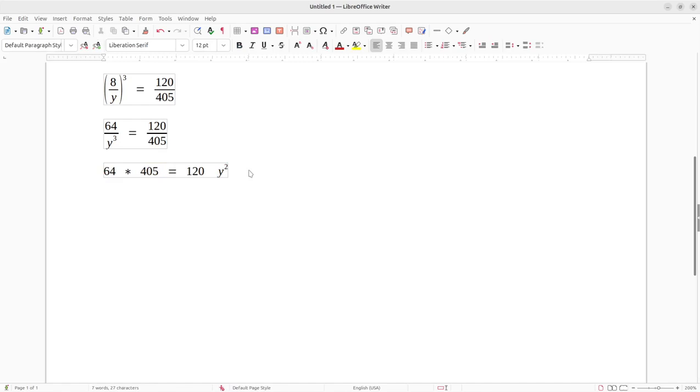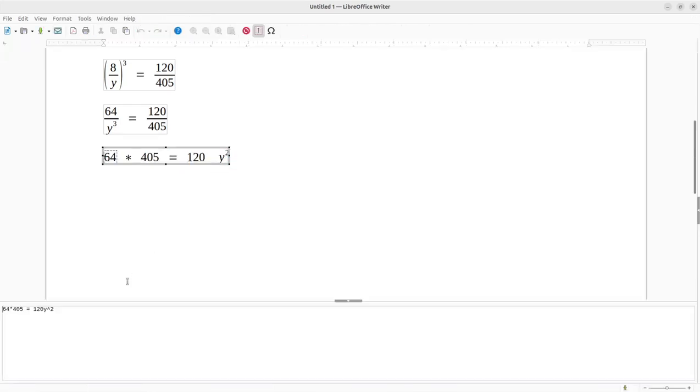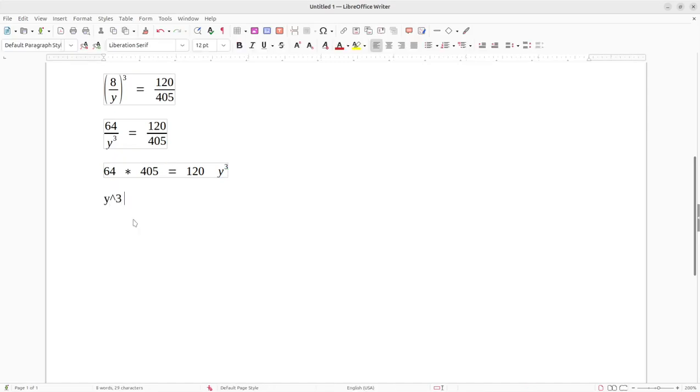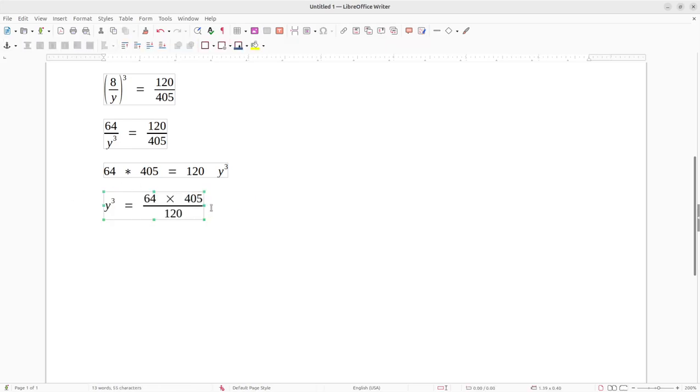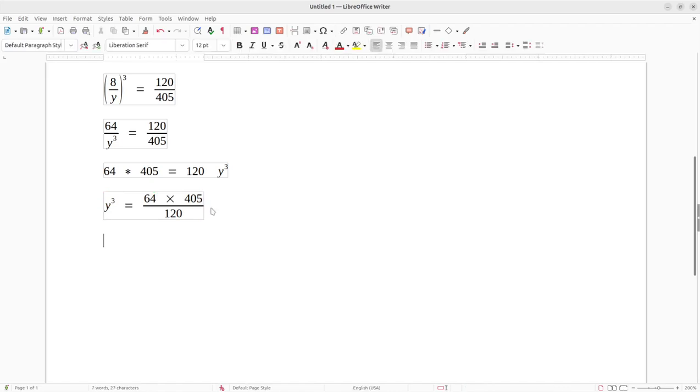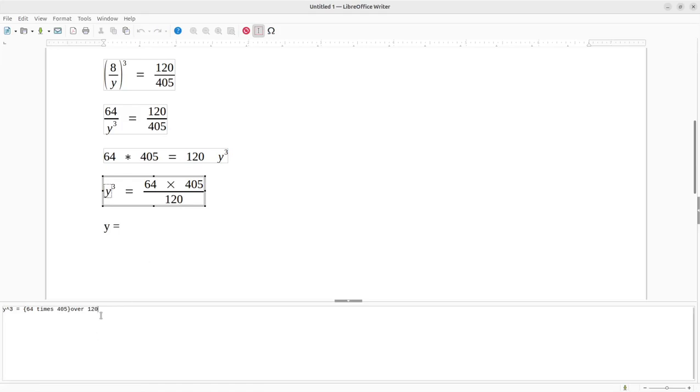Next, divide by 120 on both sides. You are going to get that y cubed is equal to 64 times 405 divided by 120. Then let's put this in a calculator, so that y is equal to the cube root of everything there.